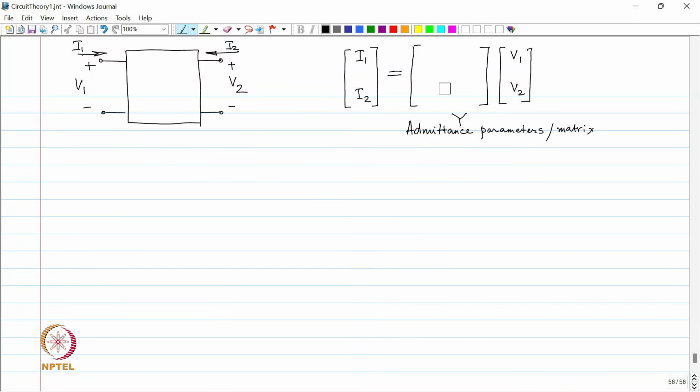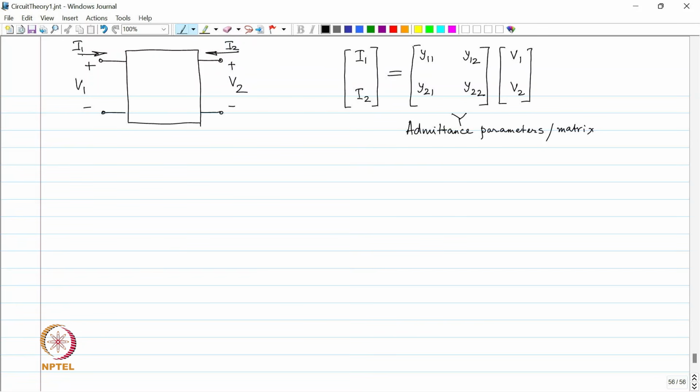And to be explicit, inside the matrix you have got y 1 1, y 1 2, y 2 1 and y 2 2. Okay. So, I 1 is equal to y 1 1 V 1 plus y 1 2 V 2, and I 2 is equal to y 2 1 V 1 plus y 2 2 V 2.